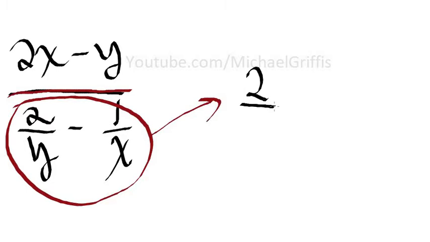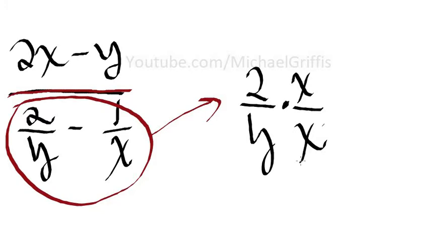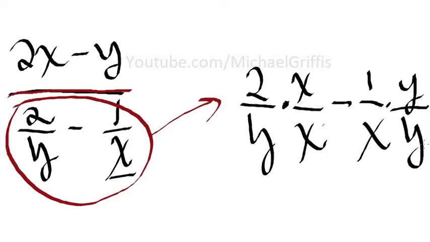So we have 2 over y times, we're going to need a common denominator. So I'm going to write x over x here. Okay, and that's because of this x. Minus 1 over x times y over y. Now we have a common denominator. Do you see the common denominator?